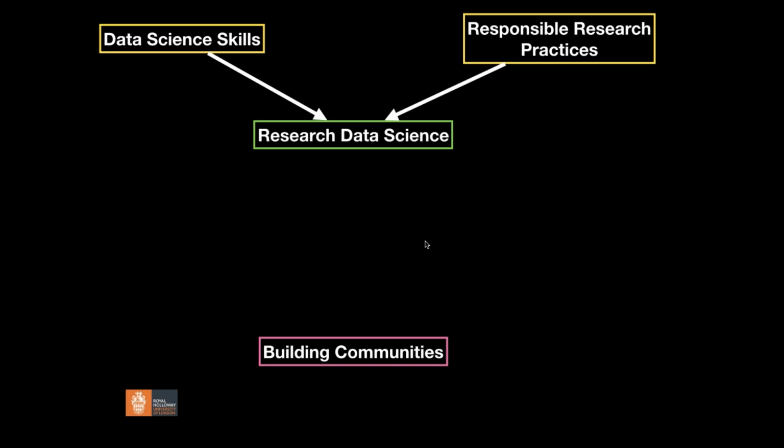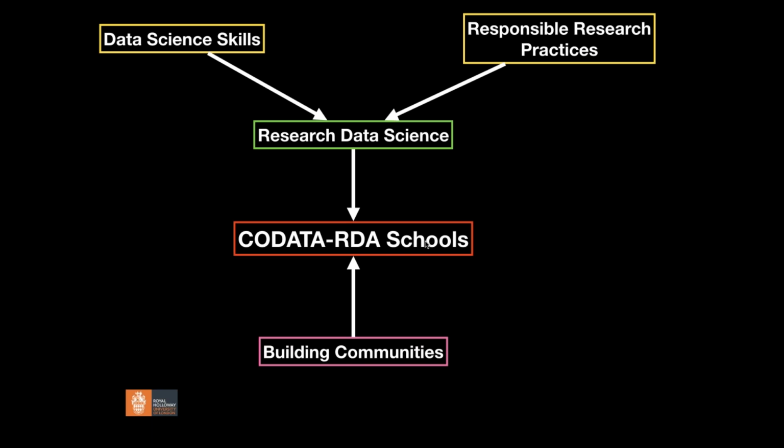So those two top things in the yellow box, we've put those together, and we would call that the materials for this, and we've given, for want of a better title, research data science, the data science skills necessary to do research. And we combine those two things in the green box with the pink box, and we get the CoData RDA schools.